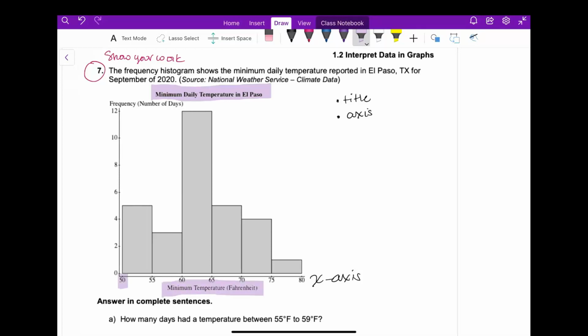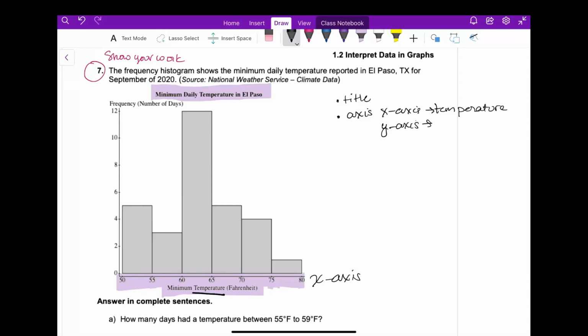So if I look at these numbers, this is 50 degrees, 55, 60, 65, 70, 75, 80. And actually it's a continuous thing, so all the numbers in between. So anything between 50 to 55, 55 to 60, and so on, okay? So I know that these are temperatures. All right, so the x-axis is temperature. Let's talk about the y-axis.